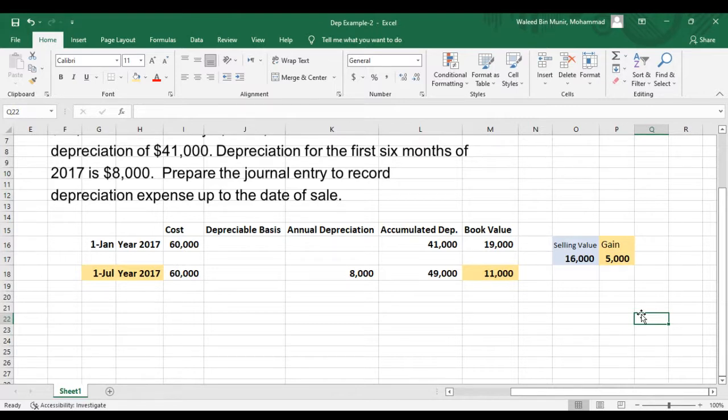So at the time of a retirement, you look at the book value and compare it with the selling value. If selling value is more, you have a gain. In this case, we have gain, right? This is just a calculation. Now, how can we do the same thing in the language of accounting, the same numbers? How to put this calculation?